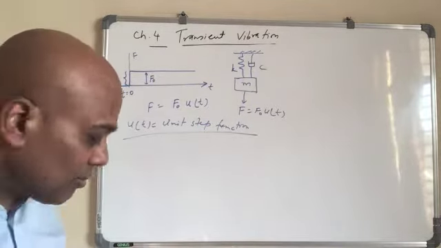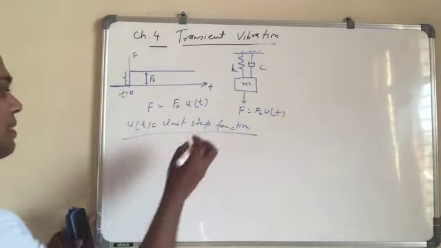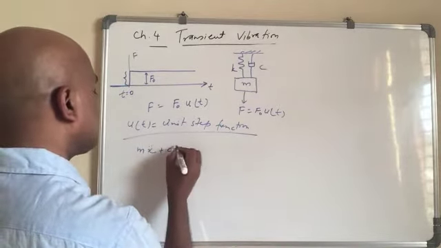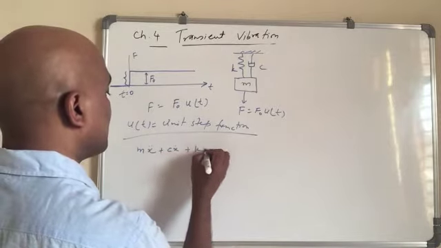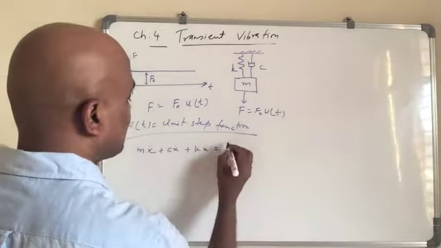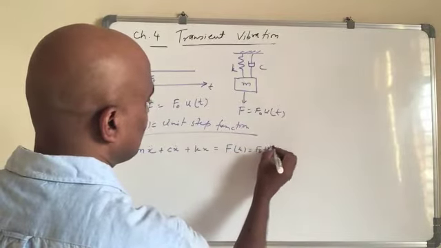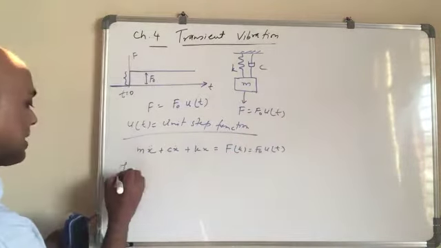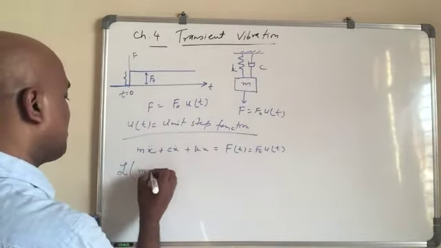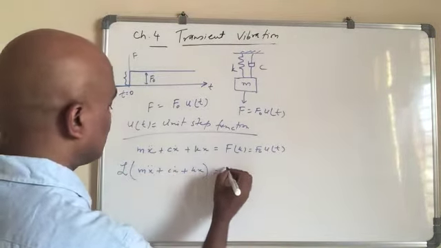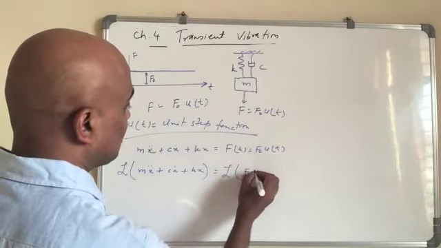First you write your equation m x double dot plus c x dot plus k x is equal to f(t), which is equal to f naught u(t). Take Laplace transform on both sides: the transform of m x double dot plus c x dot plus k x equals the Laplace transform of f naught u(t).